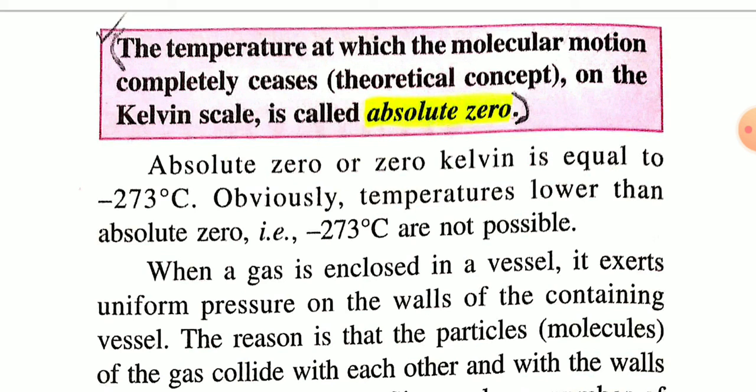So absolute zero, also called 0 Kelvin, is equal to minus 273 degrees Celsius. Temperatures lower than absolute zero are not possible.